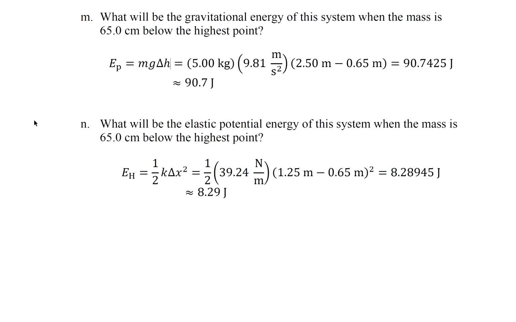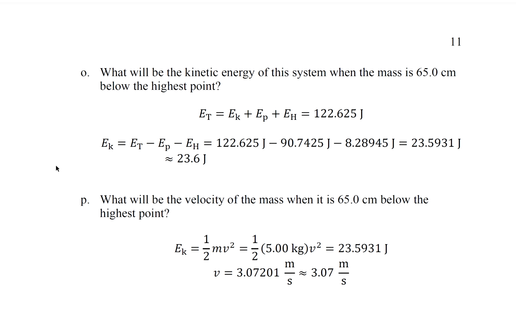Part N, what would be the elastic potential energy of the system when the mass is 65 centimeters below the highest point? We're going to use this equation. Part O, what will be the kinetic energy of the system when the mass is 65 centimeters below the highest point?